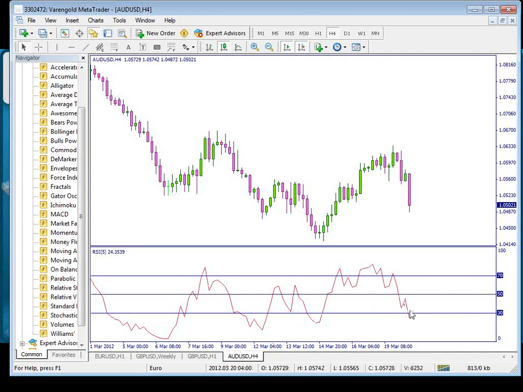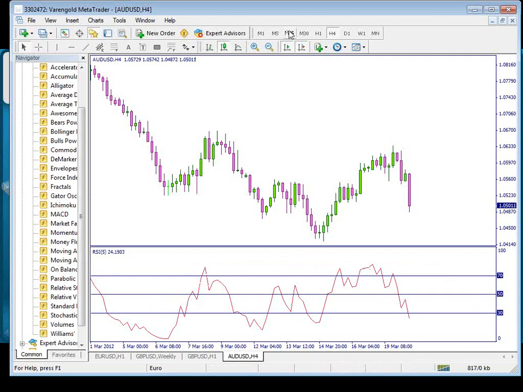As you can see, I put some levels, 30, 50 and 70, that show us a good indication about what is happening with the price. If the price is under the 30 level, that means it is oversold. If it is over 70, usually it means that the price is overbought.